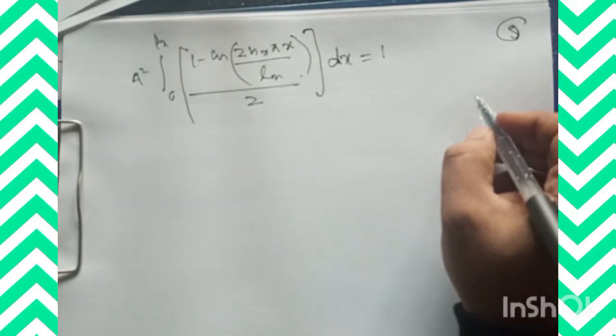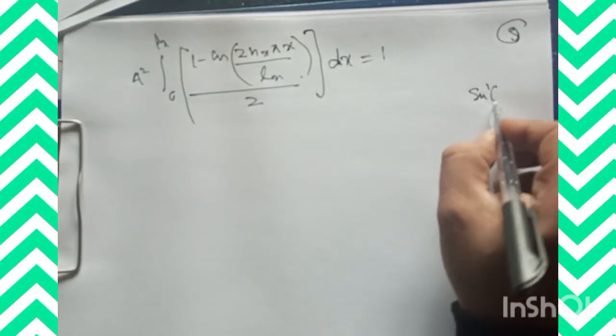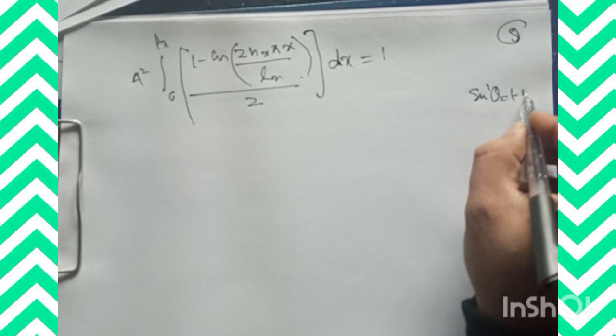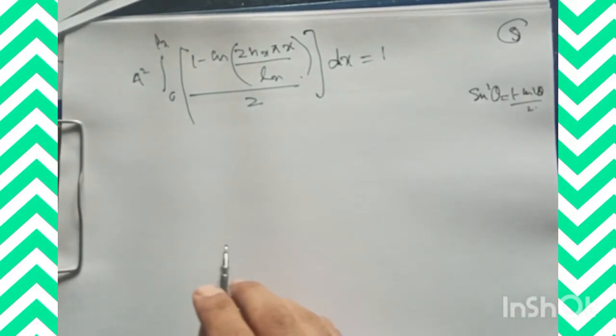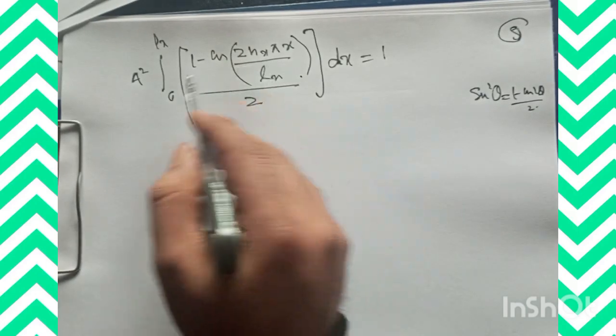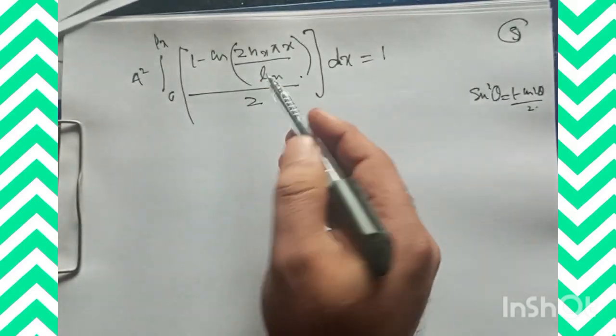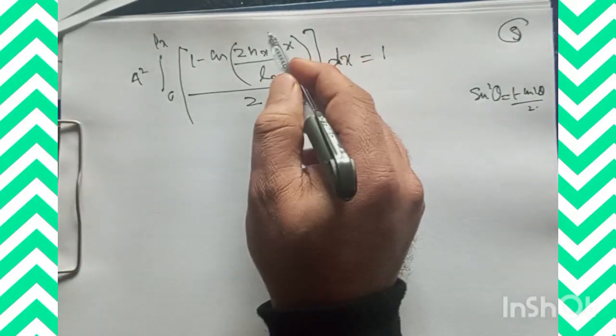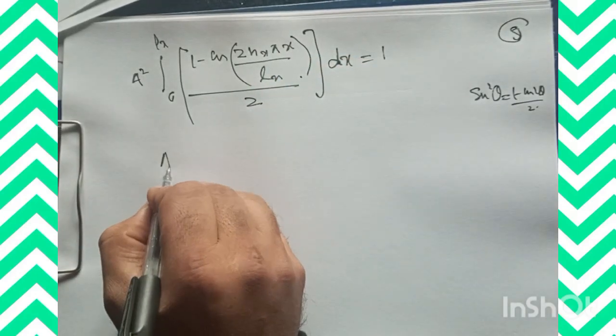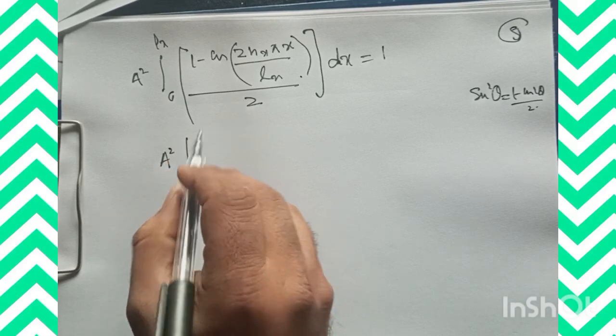I have used sine square theta is (1 minus cos 2 theta) by 2. The integral linked with the cos term will come in terms of sine of n pi, and finally this integral dies out.